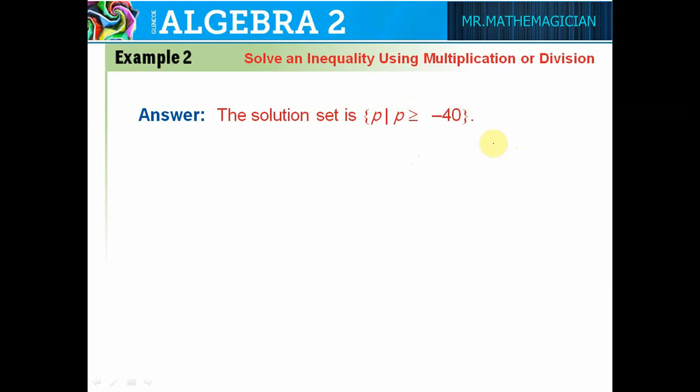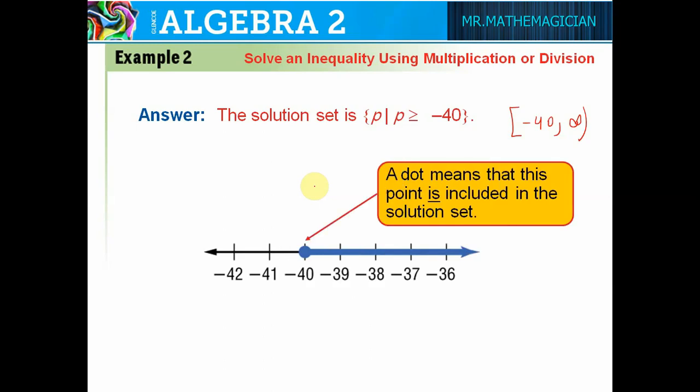We can also write it in interval notation. So bigger than or equal to negative 40 means starting at negative 40, and negative 40 is closed. This square bracket means closed at negative 40, till we reach infinity, open. And also the graph will be a dot, a closed dot.